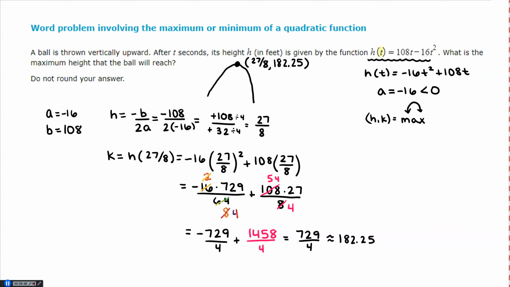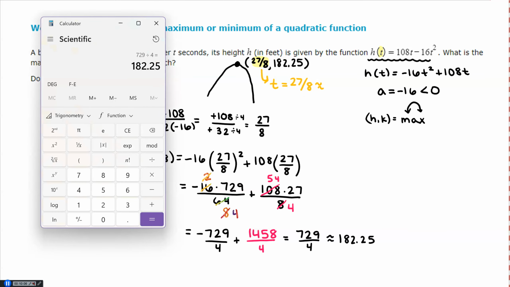So the first part of my coordinate is a t value. So this guy is t equals 27 over 8, which is 3.375.